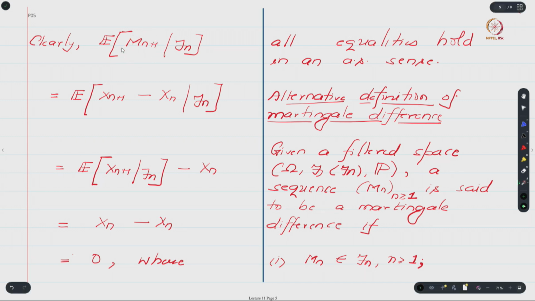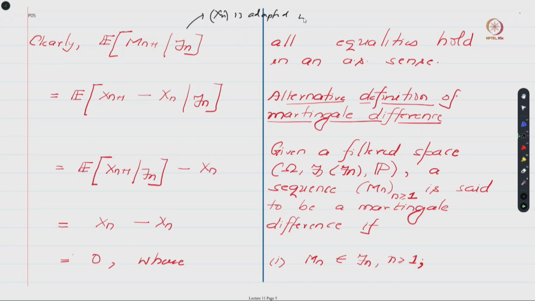Look at the conditional expectation of Mn plus 1 with respect to the sigma field Fn, where Fn is the sigma field with respect to which your xn is adapted. So this is the sigma field that is given to you, and let us look at the conditional expectation of Mn plus 1 with respect to this sigma field Fn.